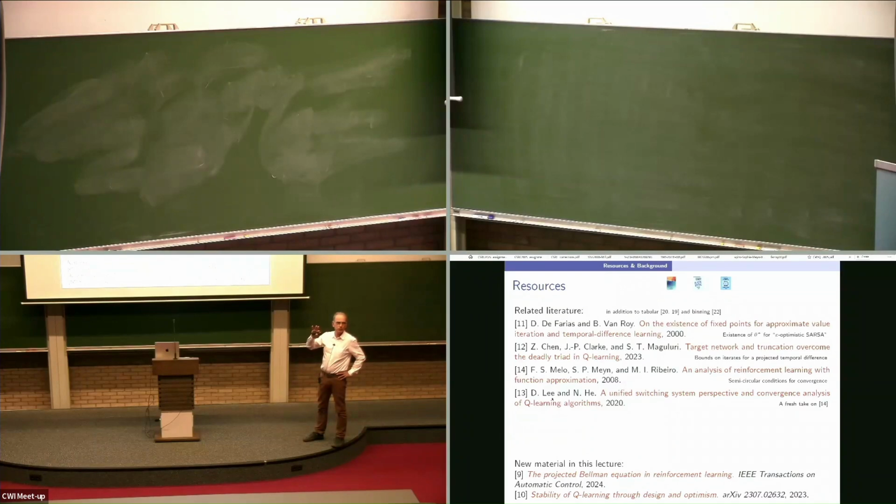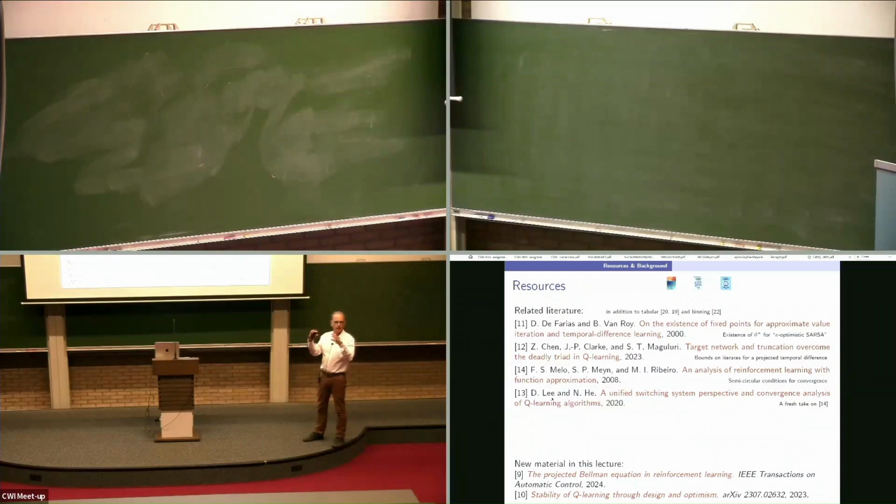It's really a solution to a fixed point for something that I'm going to call epsilon optimistic SARSA. I'll define that at the end of the lecture. This paper basically takes the standard Q-learning algorithm and projects the nonlinear term, and is able to then get bounds. So there's no existence of limits or stationary points or anything like that, but they get bounds.